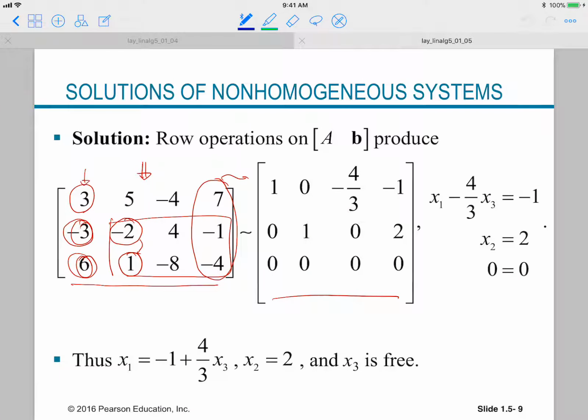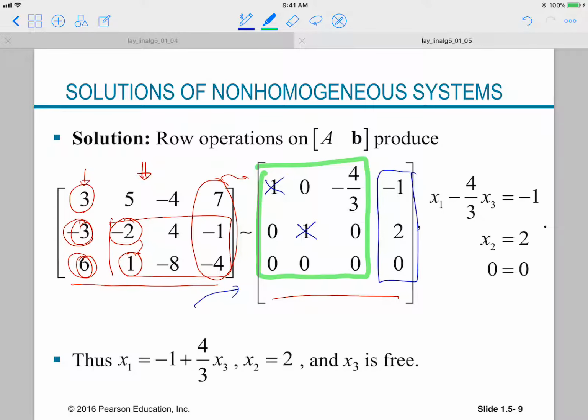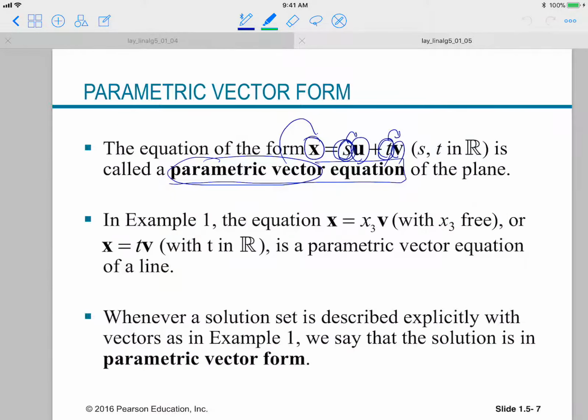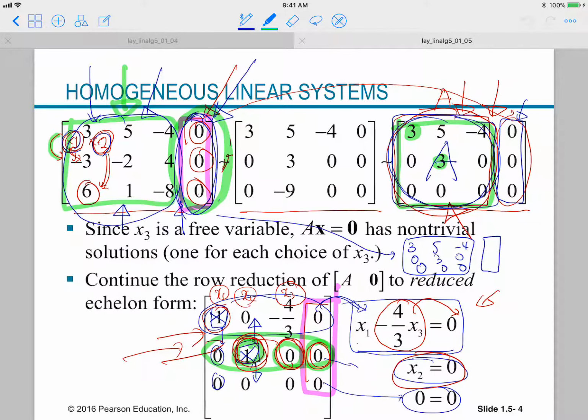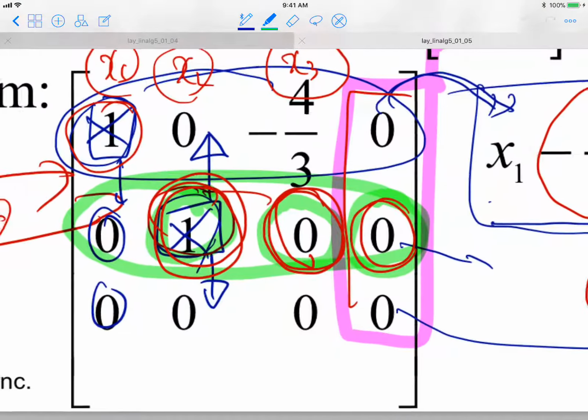In this case, as we looked at in this example last time, once we change it into reduced echelon form, we have a pivot and a pivot here, and then we have some b vector over here. But what about this part? This part will be exactly the same as in the homogeneous version of our linear system.